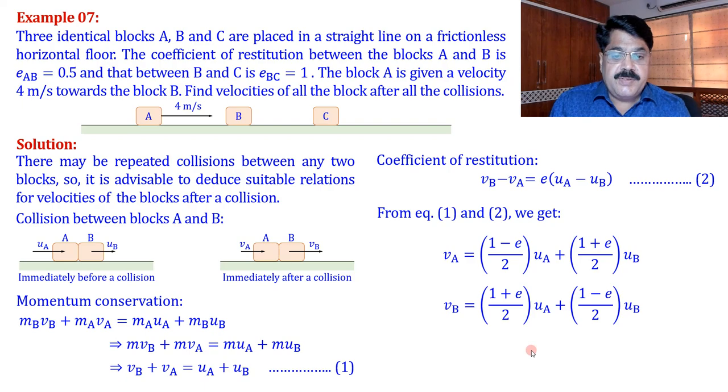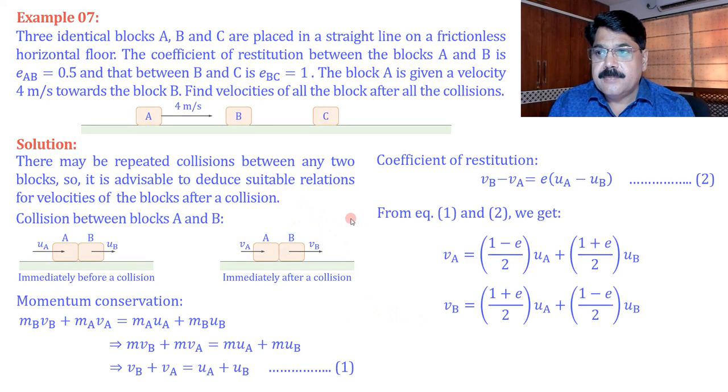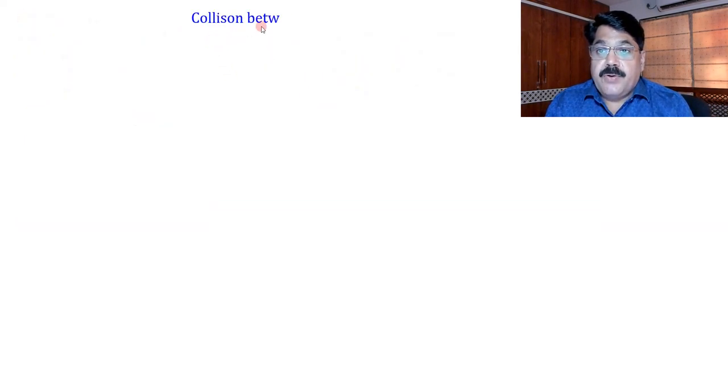We obtain the same expression for the collision between B and C. So we rewrite these expressions for both pairs of collisions. For collision between A and B, we use the relation we have obtained and put the value of EAB as 0.5.